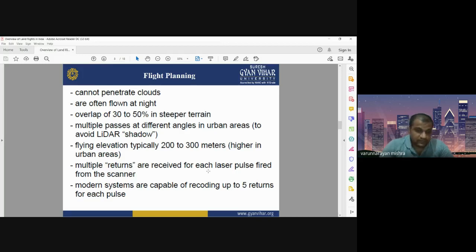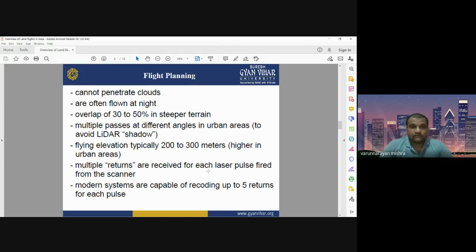In the night time we use infrared radiation of the electromagnetic spectrum to get information about the terrain features. And there should be at least 30 to 50% overlapping when we are surveying steeper terrain.